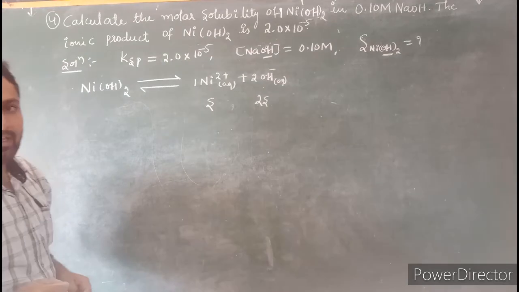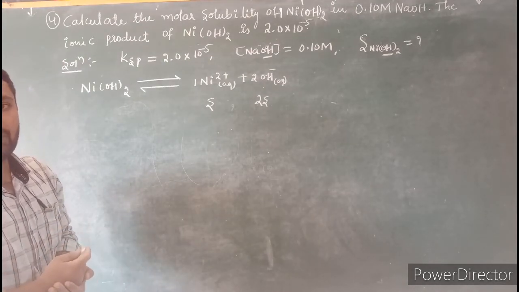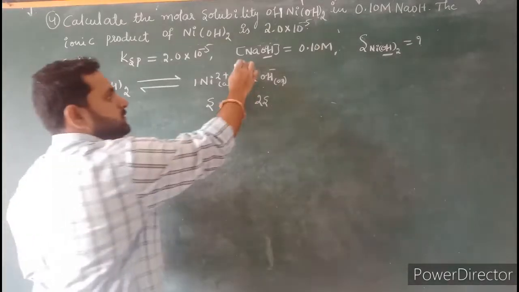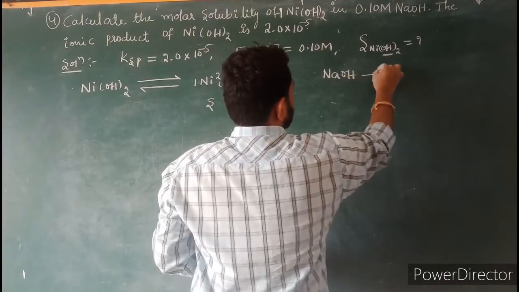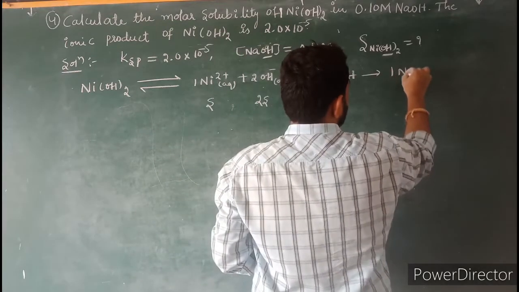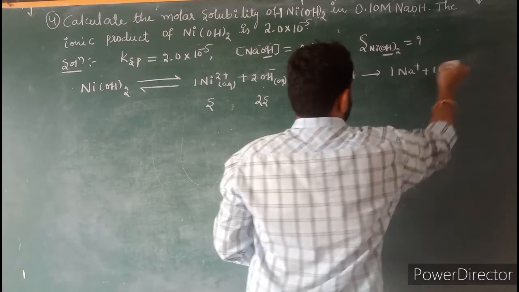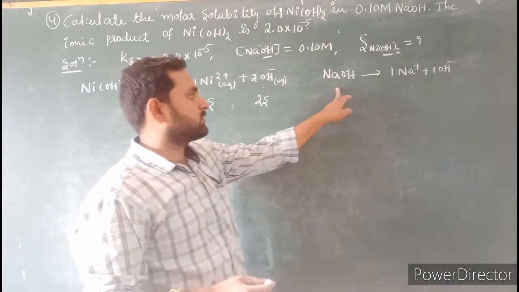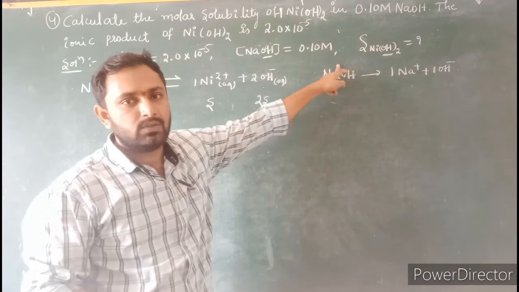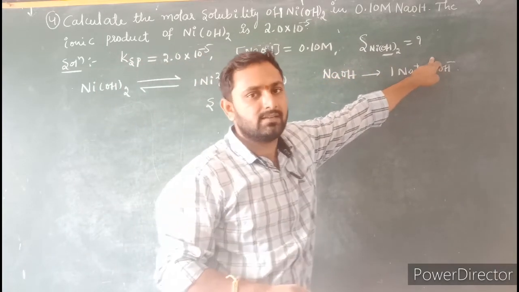Now let us write the chemical equation for the strong electrolyte. All strong electrolytes dissociate completely. When sodium hydroxide is dissociated, it gives 1 mole of Na+ ions and 1 mole of OH- ions. From this equation, we can say that when 1 mole of sodium hydroxide is dissociated, it gives 1 mole of Na+ ions and 1 mole of OH- ions.